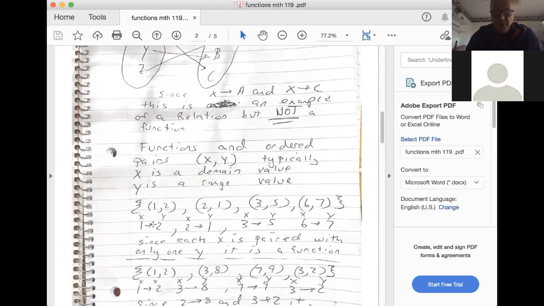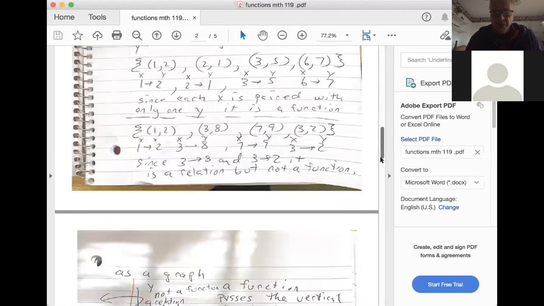It gets paired off with only one item, 2. The second ordered pair has an x value of 2. That's not the same, because this time we're starting at 2. That only gets paired off with 1. Good so far. An x value of 3 only has one y value of 5. And 6 only has one y value of 7.